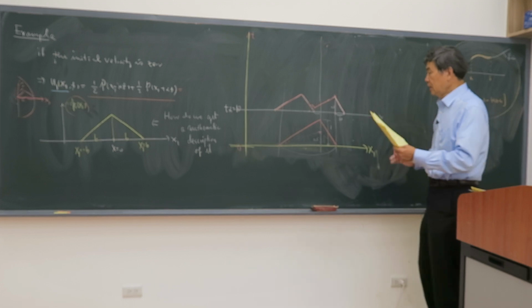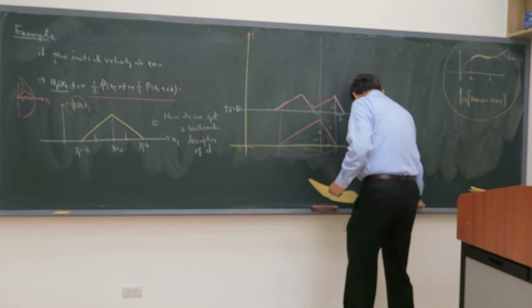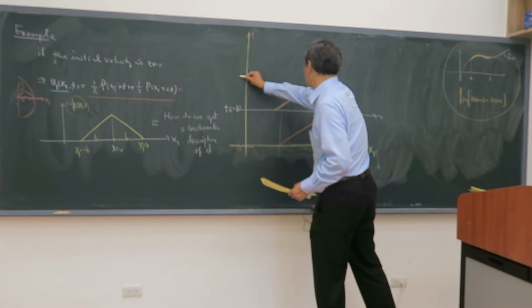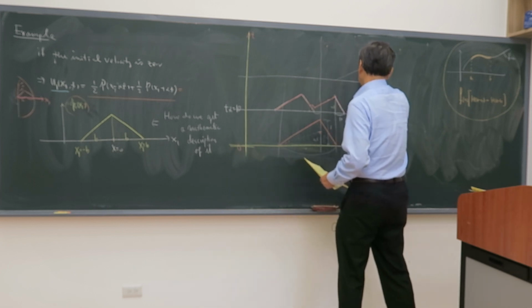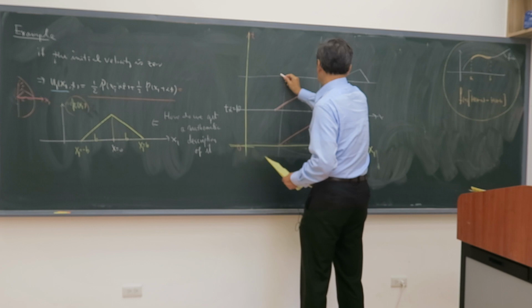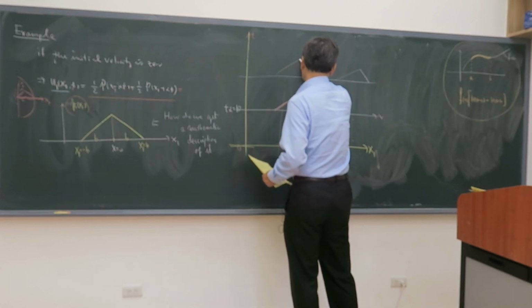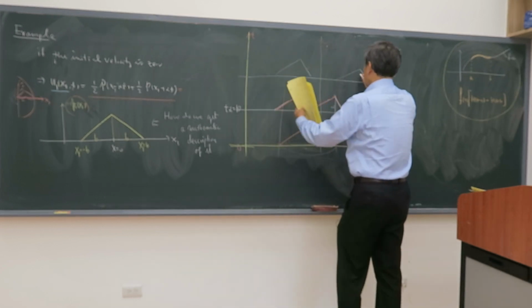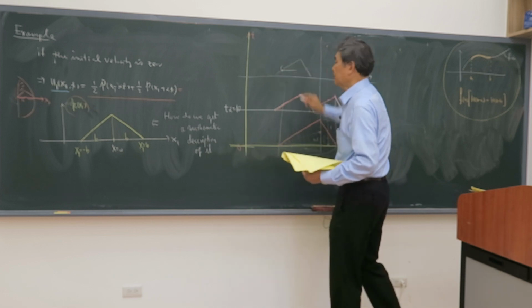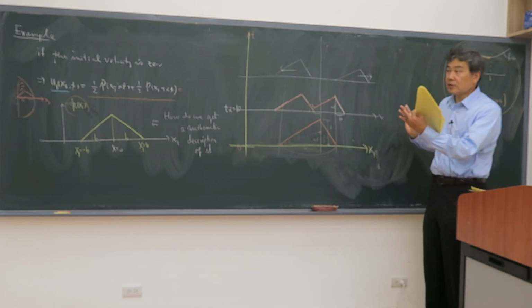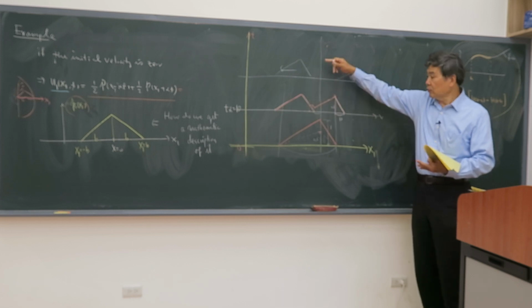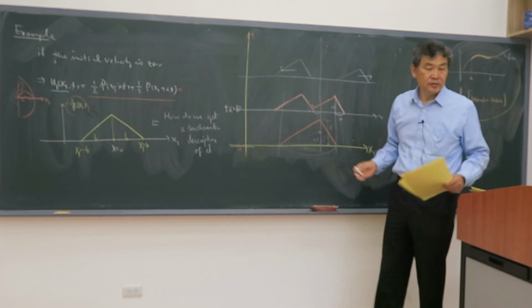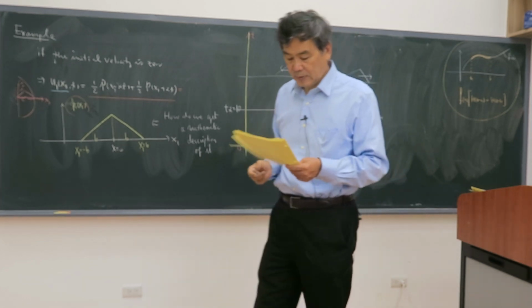Then you can draw at different times, maybe after some certain time. This one has already moved to here, and this one maybe to here already, this way and that way. So the entire axis at different times is a waveform, and it's called propagation.